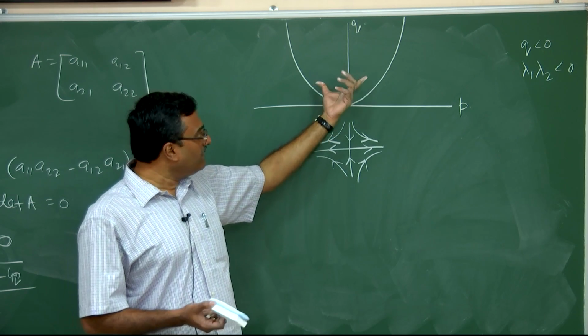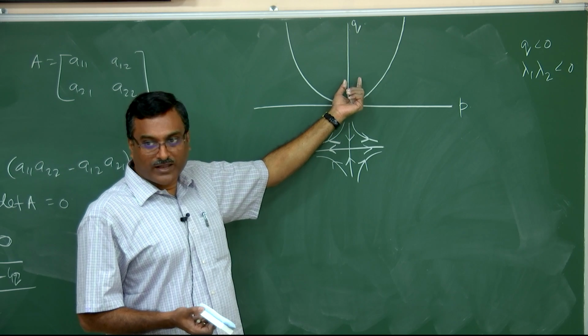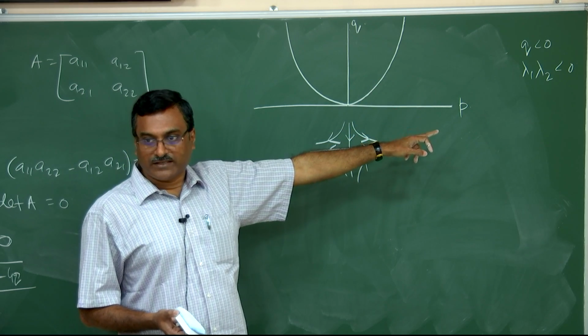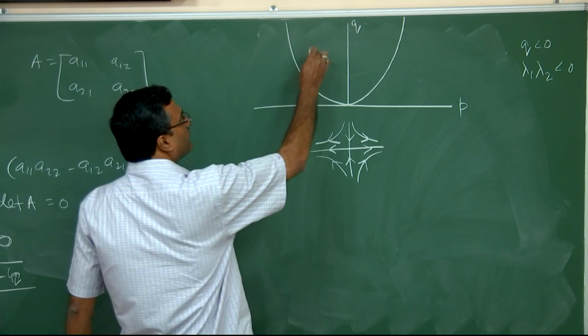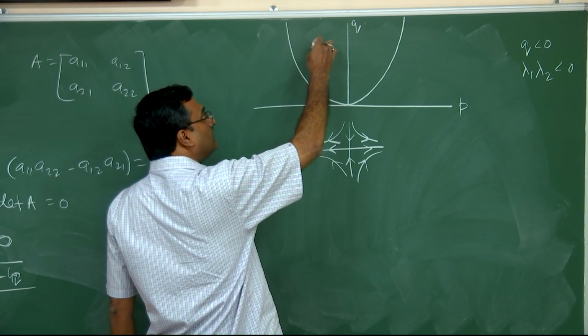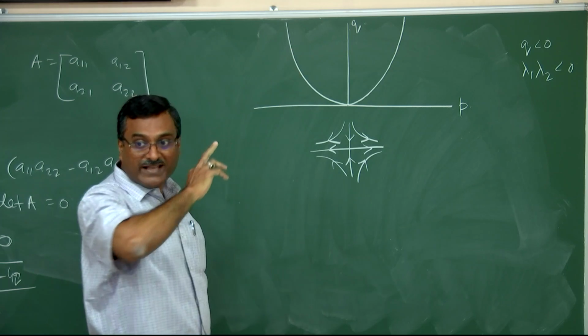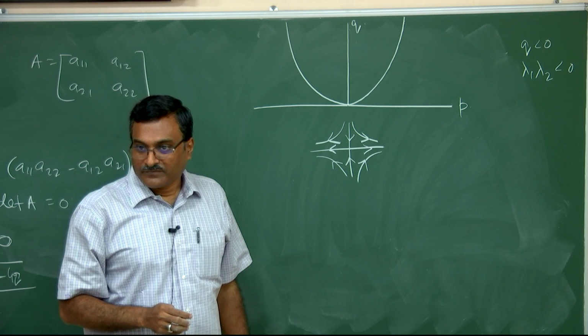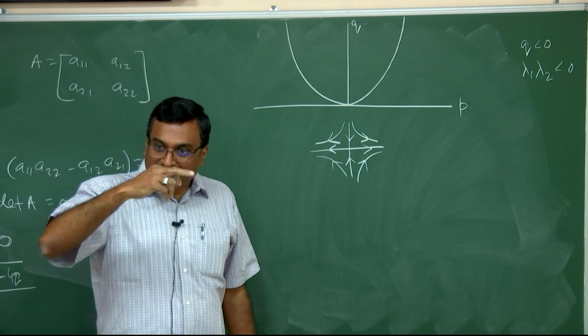Therefore inside this parabola p square minus 4q is less than 0, and outside it is greater than 0. So here both the roots are complex conjugate with negative real part, right? So it will be spiraling inwards.